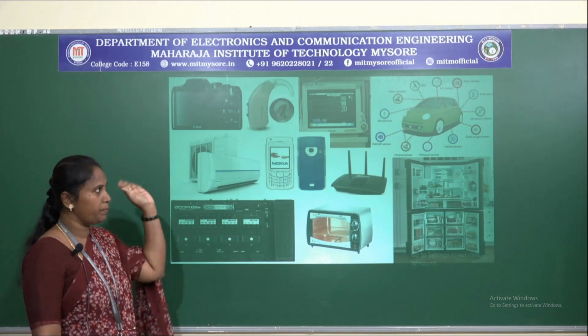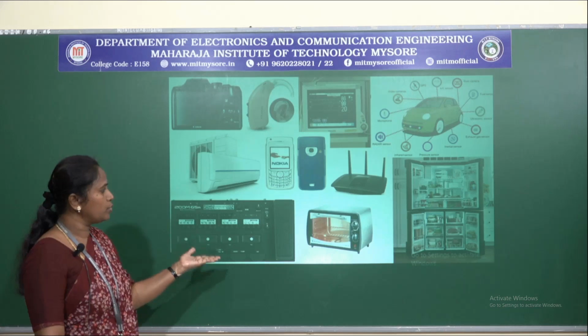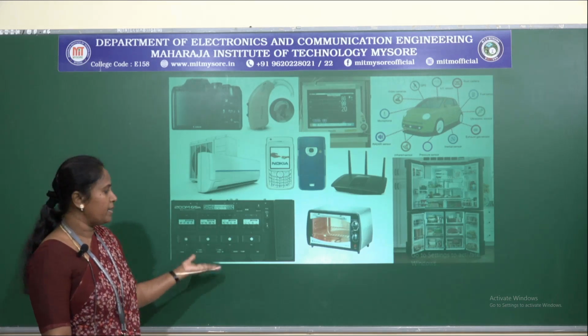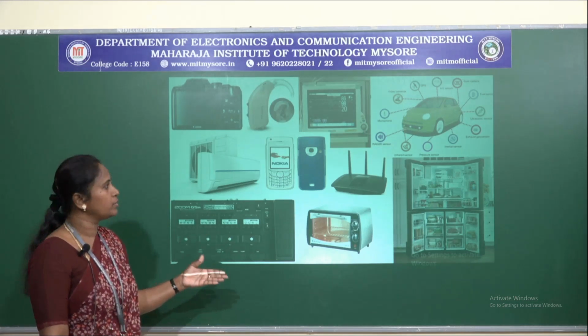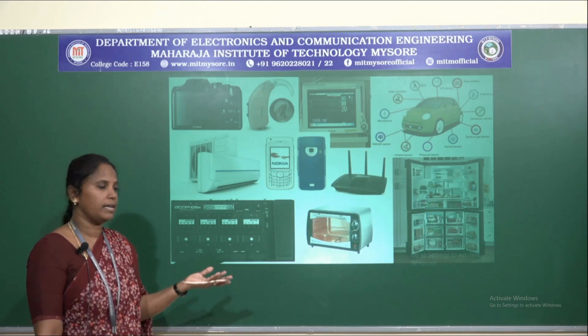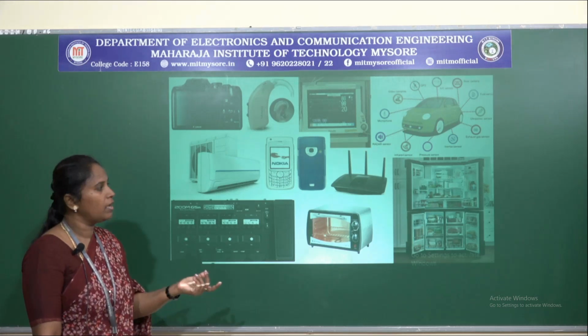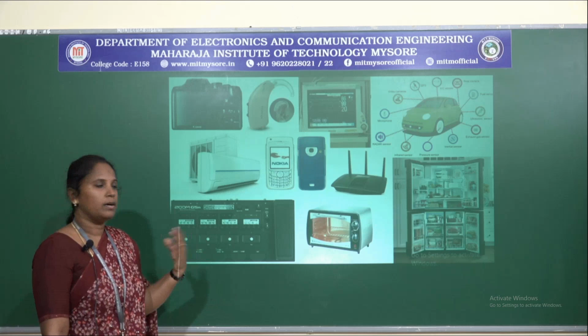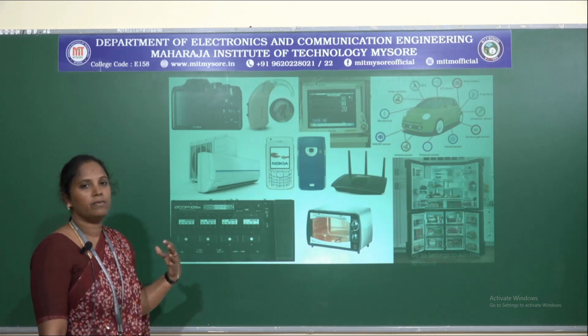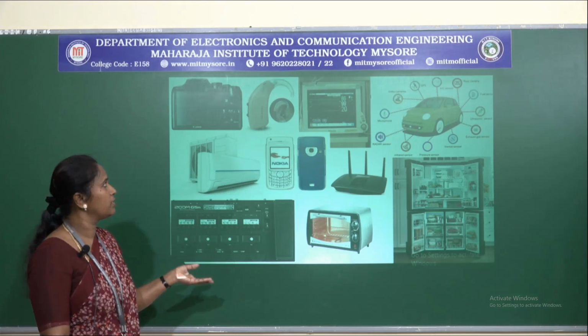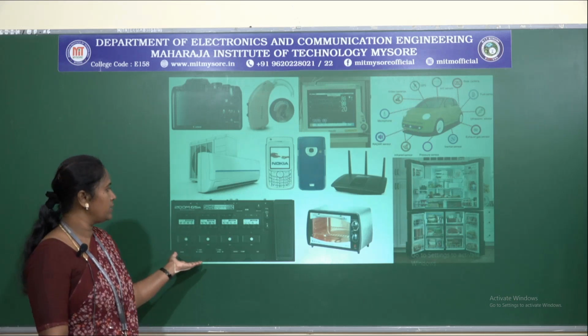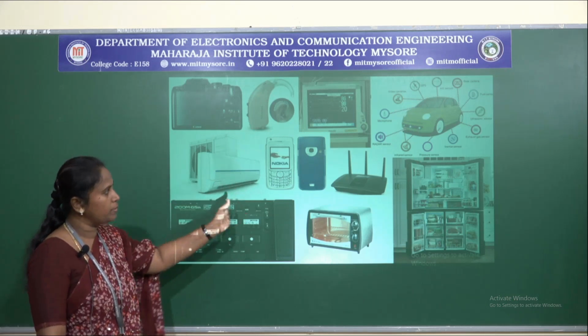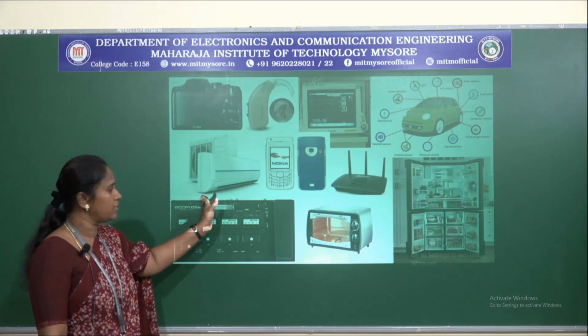This overall picture shows the application areas in which we are going to use them. In yesterday's class we discussed 2 applications: one is the air conditioning system and one more is the washing machine. Other than that, as you can see, we have numerous applications listed here.